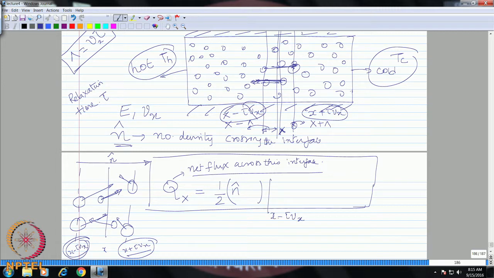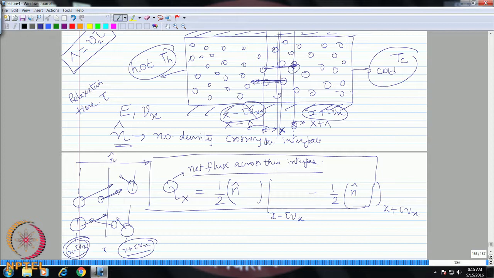These are the ones which are moving towards the right, minus half of what we have at x plus tau Vx, which are moving towards the left. So, the net difference between these molecules towards the right and left, the net difference in the energy.